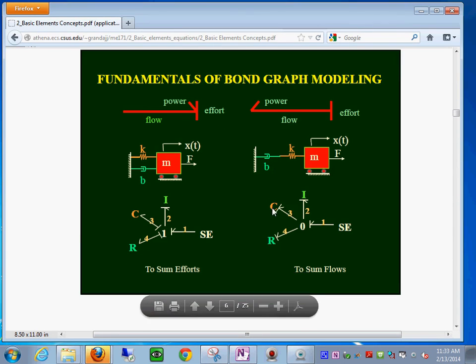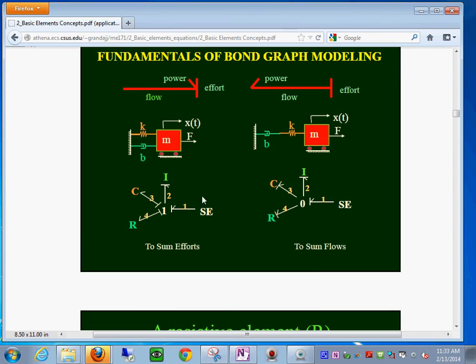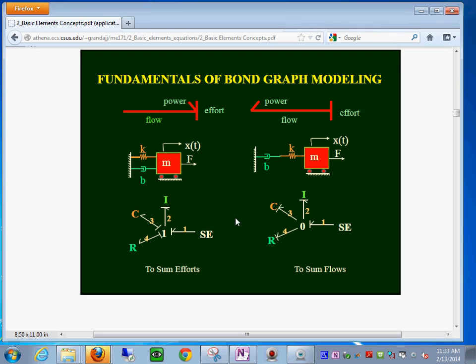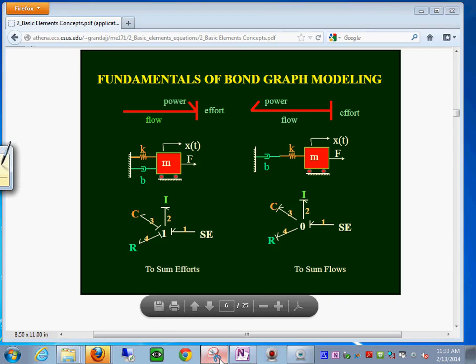But that's the idea. So in here we are going to propose this little system, and this is the system that I would like to do the simulation of. How is this composed? This is made up of an input in here, which is the SE.